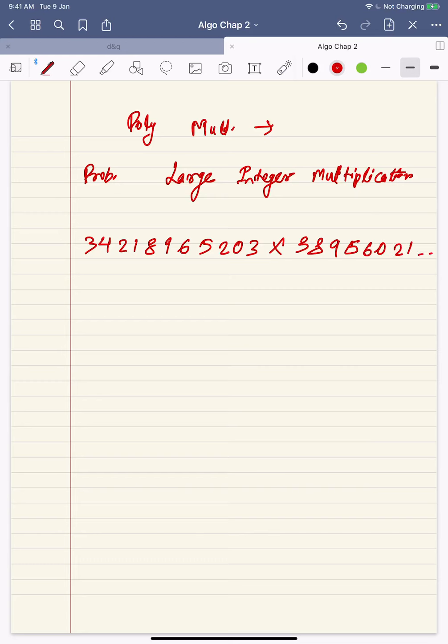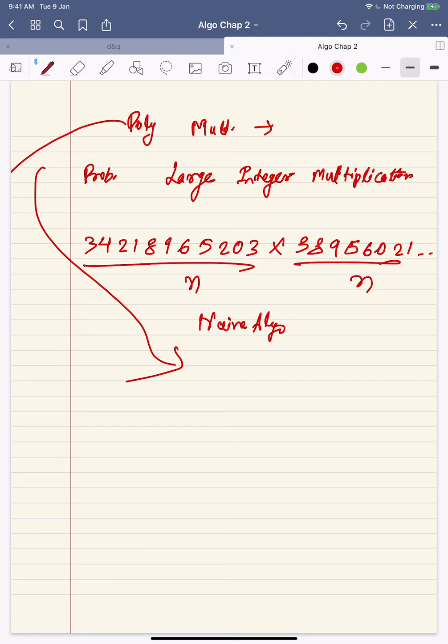Let's say I have 2 large integers of n digits each, and I have to multiply these. Now think about what would be the naive algorithm, and how you can map it to the polynomial multiplication problem to achieve a divide and conquer solution, and how you can make it more efficient. So that is for you to try, and we can discuss if you have any doubts on this.